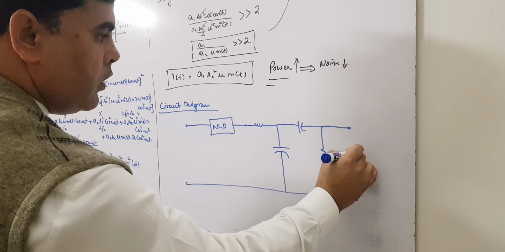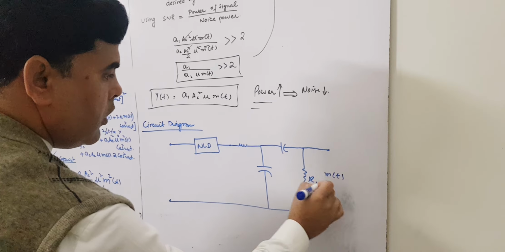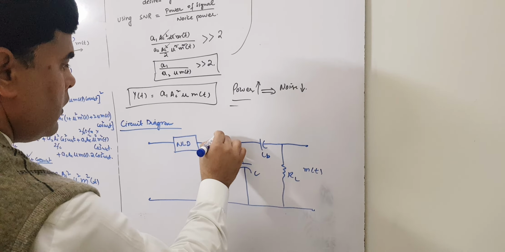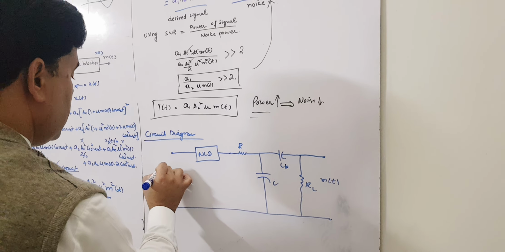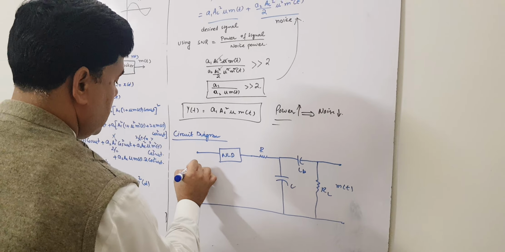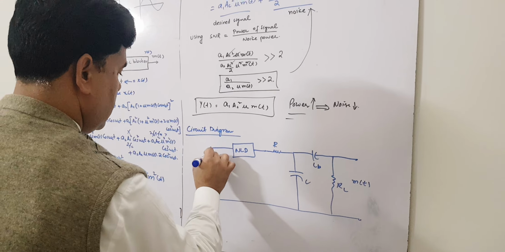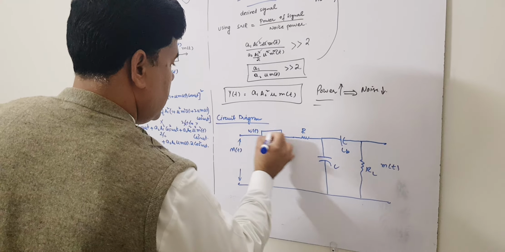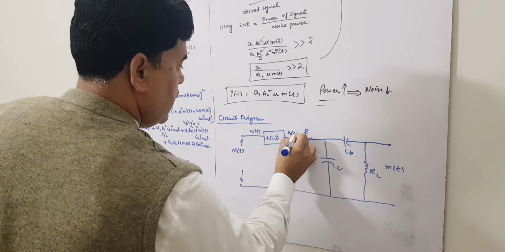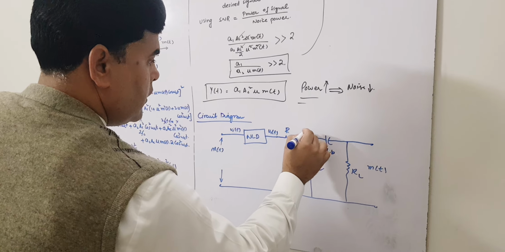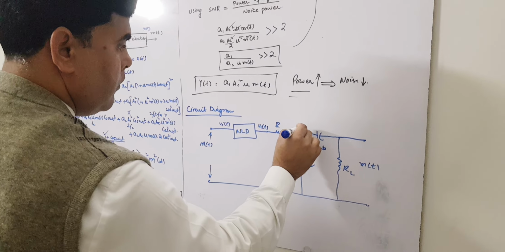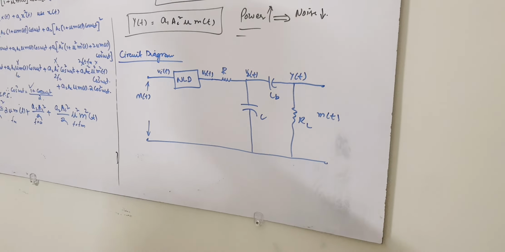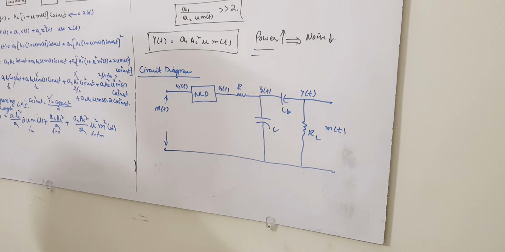So this is your m t, R L, C B, and then this is C, this is R, and then this is the modulated signal. So that is V i of t, and this is V1 of t, and then this is maybe V2 of t, and then here we have y of t. So that is the circuit diagram of this.